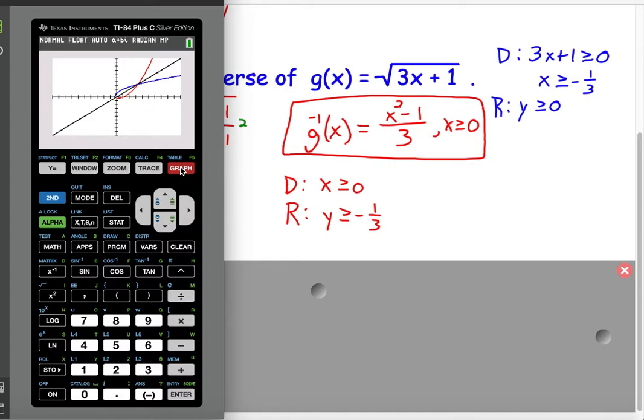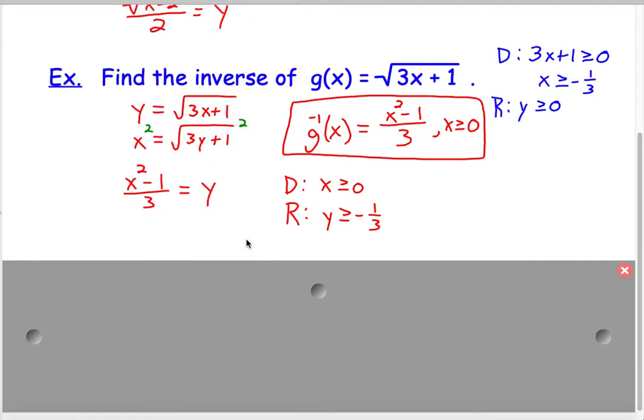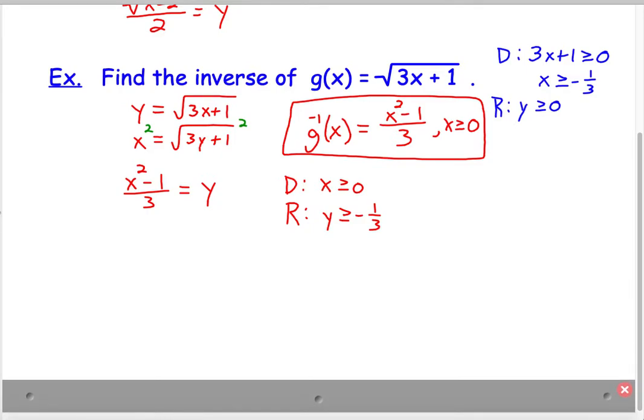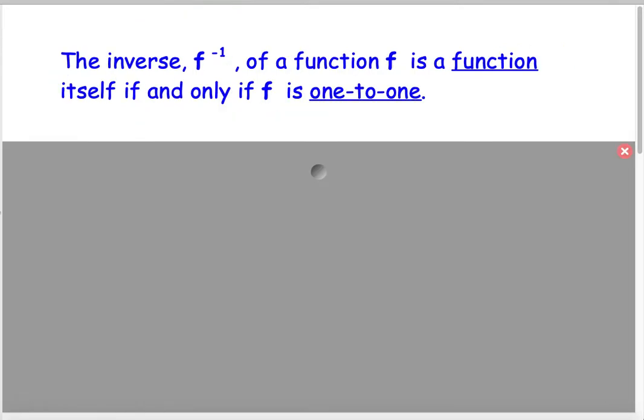It just graphs the piece that I want it to graph, starting at 0, negative 1/3, and then continues up. So it's a good reflection of the original function over y equal x. All right, so that's a lot to take in. You might have to go back and rewatch this example to understand it if you didn't quite get all the subtleties of that.